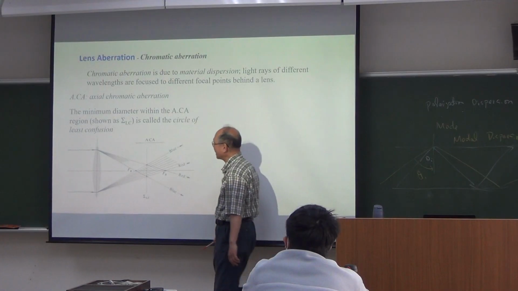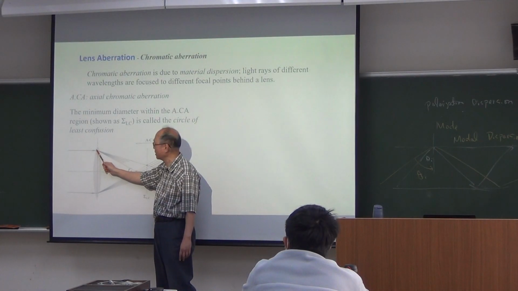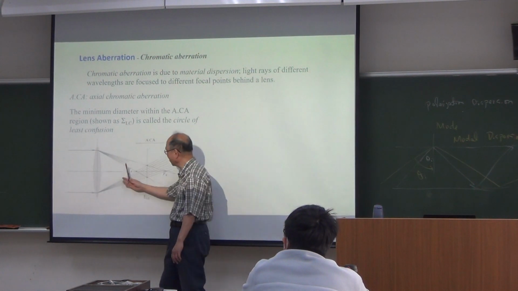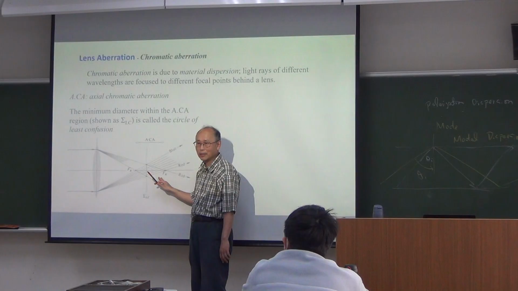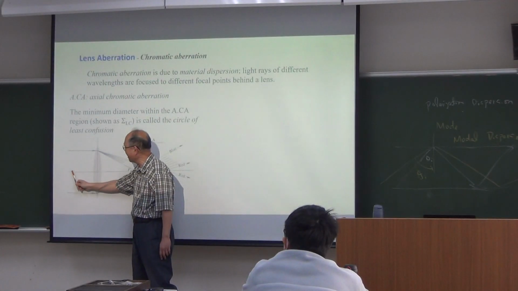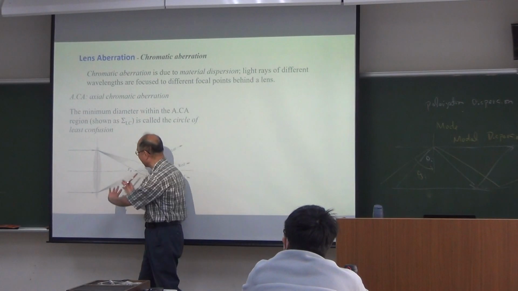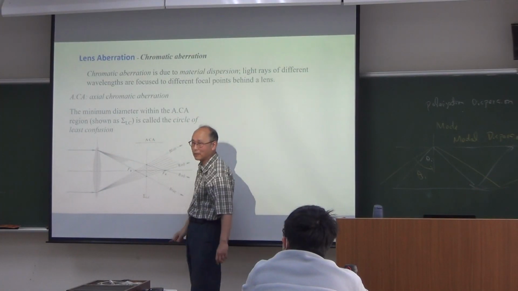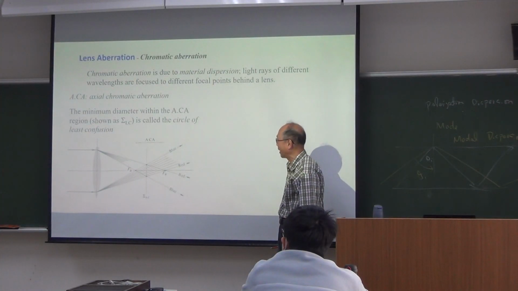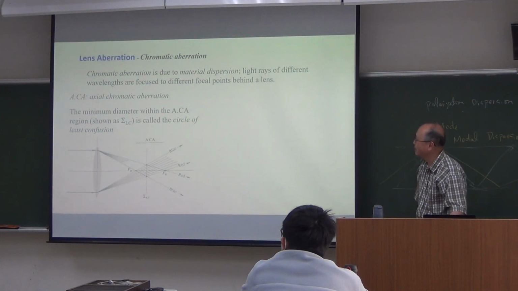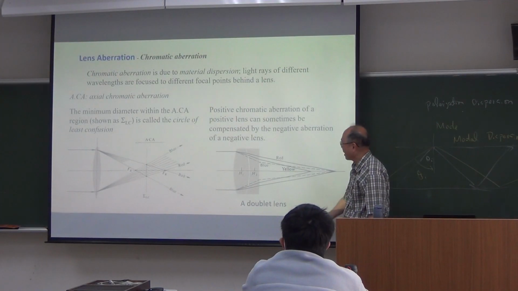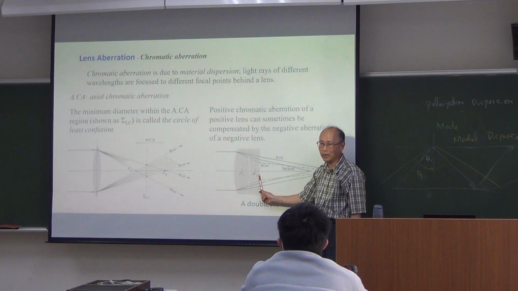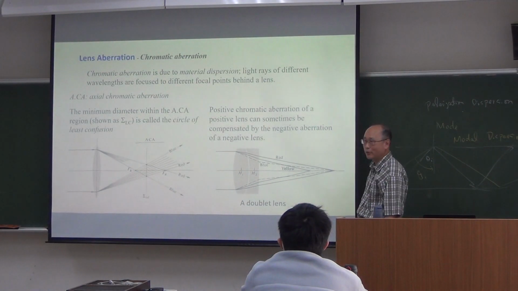But if you use a negative lens, then the left focal plane will just reverse this situation. Okay, the blue light is going to go in the opposite direction, because the refraction becomes reversed. So for correcting this chromatic dispersion, quite often people just use one positive lens and one negative lens to get a better focusing effect.